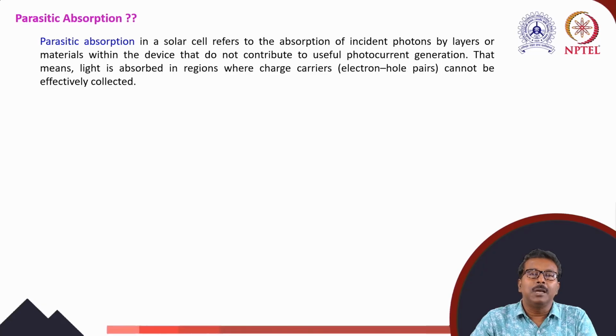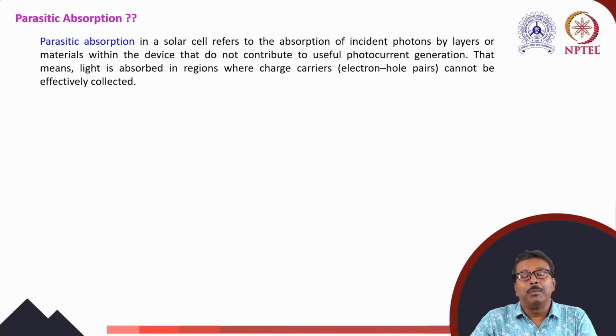Parasitic means the absorption in these layers will not contribute to the current. But we cannot avoid these layers. Suppose you have a solar cell structure with an absorber layer, but along with the absorber layer, other layers are needed for separation of carriers or other issues. For example, an emitter layer is required to form a PN junction to create the force for separation of carriers.